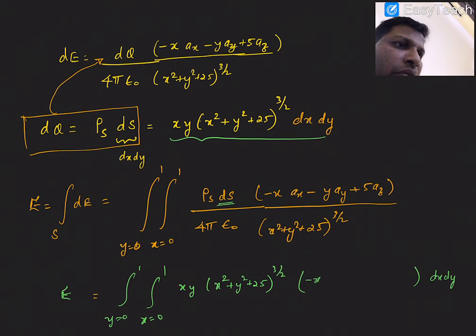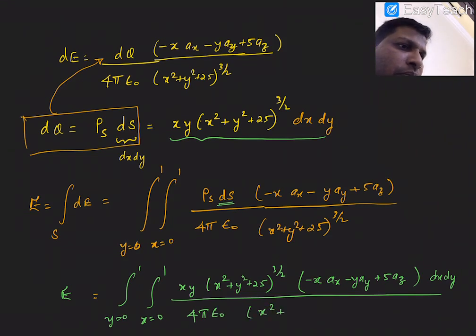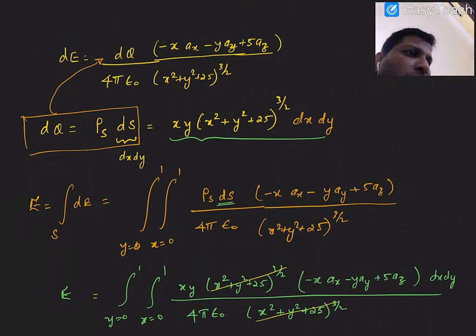Then we write our vector, minus x into ax minus y into ay plus 5 into az, divided by 4 pi epsilon 0 into x square plus y square plus 25 whole power 3 by 2. So you can see here these two terms will cancel, and we have only a few terms left.